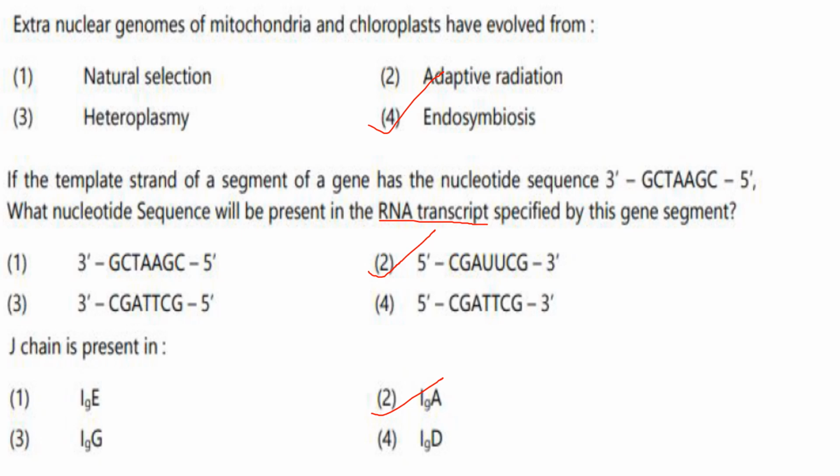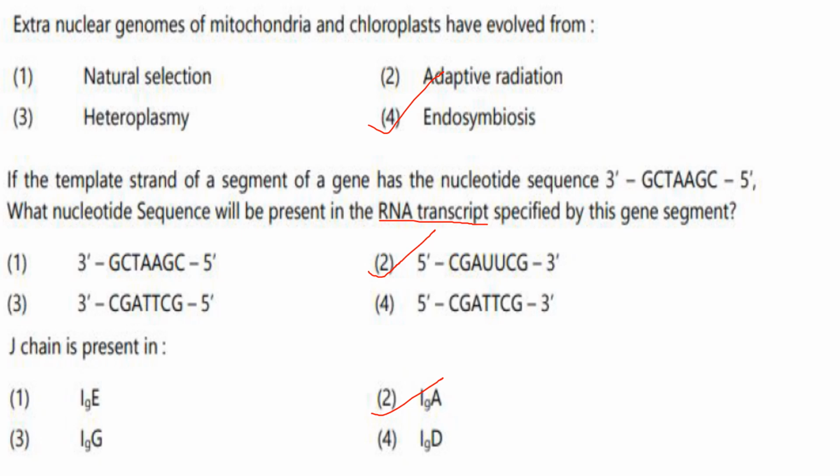If the template strand of a segment of a gene has the nucleotide sequence GCTAAGC 5', what nucleotide sequence will be present in the RNA transcript? That is your mRNA specified by this gene segment. So the segment is in the 3' to 5' direction. So you have to see for the mRNA transcript in the 5' to 3' direction, and it will be complementary to this sequence, except that instead of T, U will be present because it is an RNA sequence.